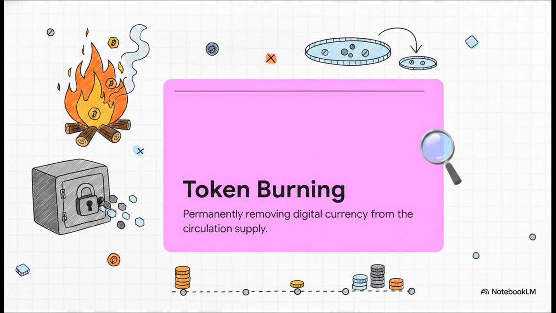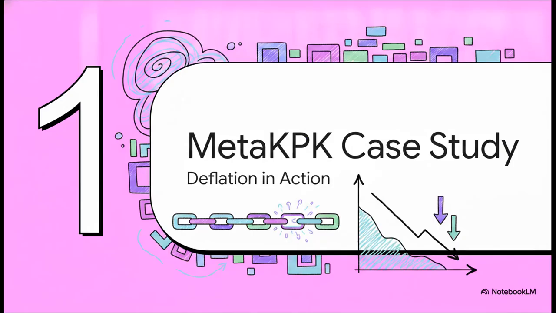Basically, by sending these tokens to a completely inaccessible address, locking them away forever where absolutely no one can use, trade, or sell them, the project is actively creating scarcity. The total pool of available money permanently shrinks. But the real question is, how does this actually play out over time? Is it just a one-off stunt or an ongoing strategy? Let's look at the MetaKPK case study to see this deflation in action.